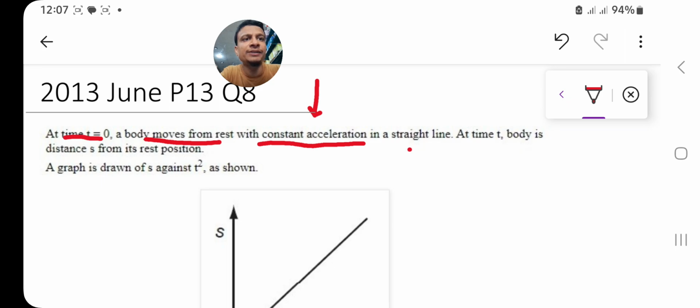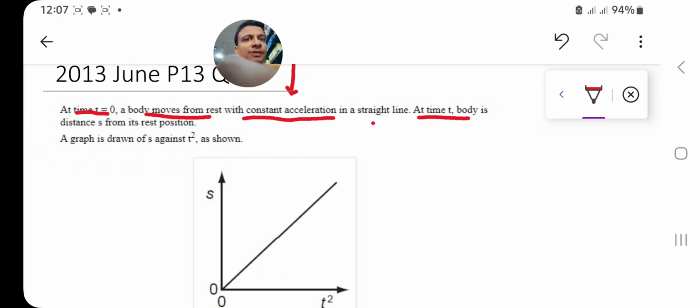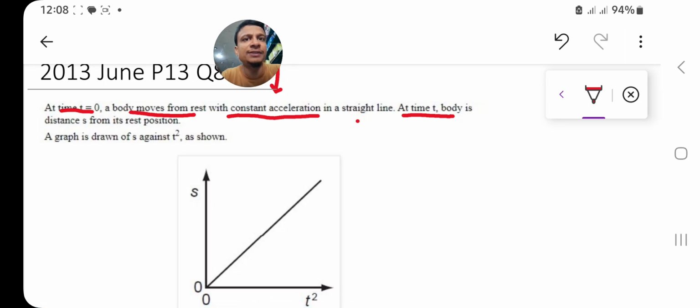Constant acceleration is a straight line. At time t, the body is at distance s from its rest position. A graph is drawn of s against t square as shown in the figure.